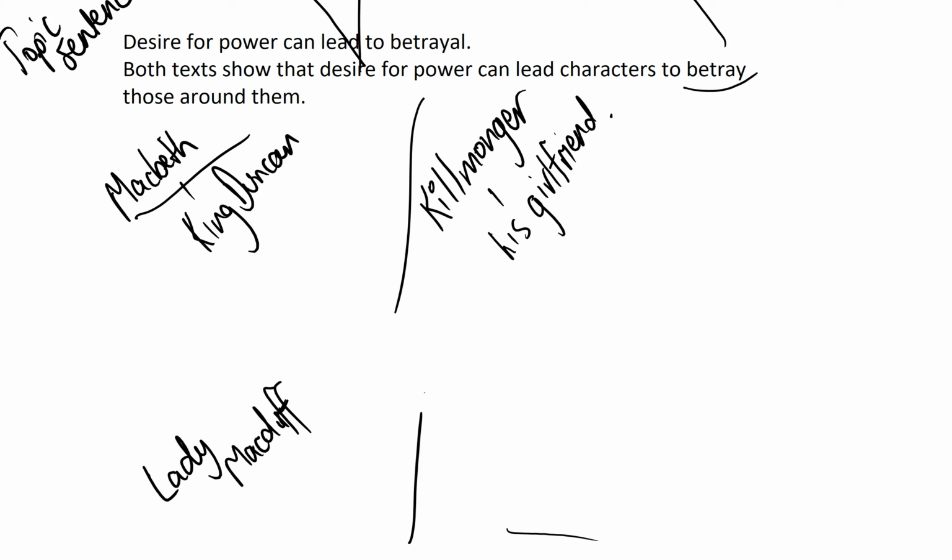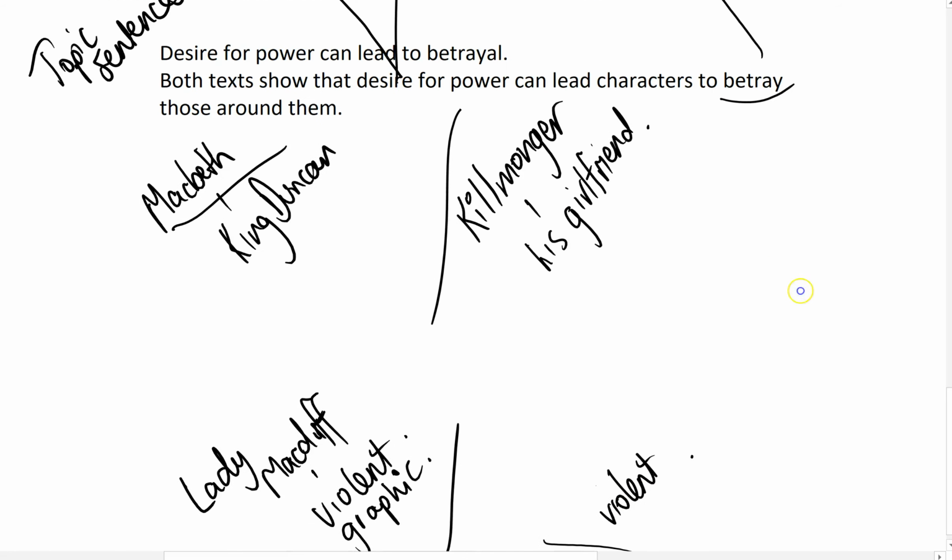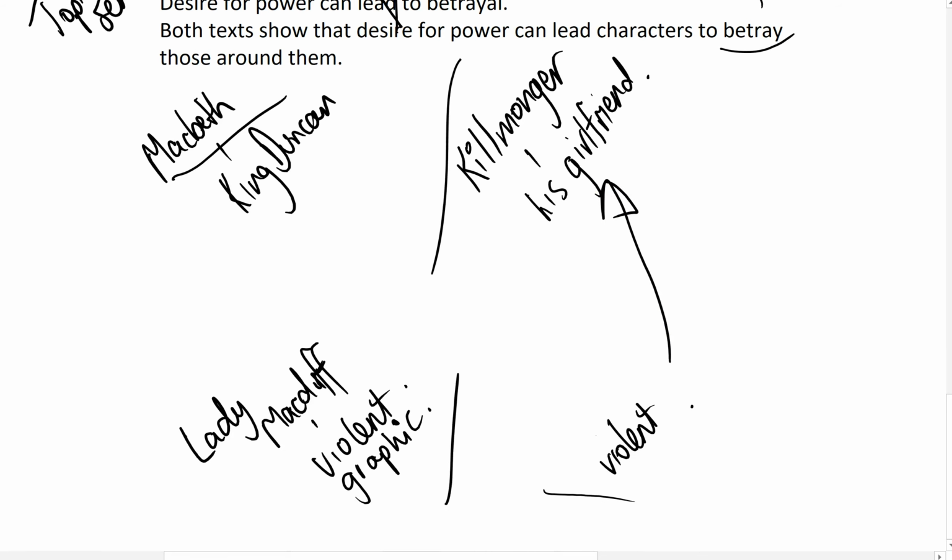Now, what I do notice is that the murder of Lady Macduff is quite violent. It's graphic. So I could then find a corresponding violent example. Now, if I hadn't used Killmonger and his girlfriend, I could possibly use that. But I could use another example from Black Panther of graphic violence.